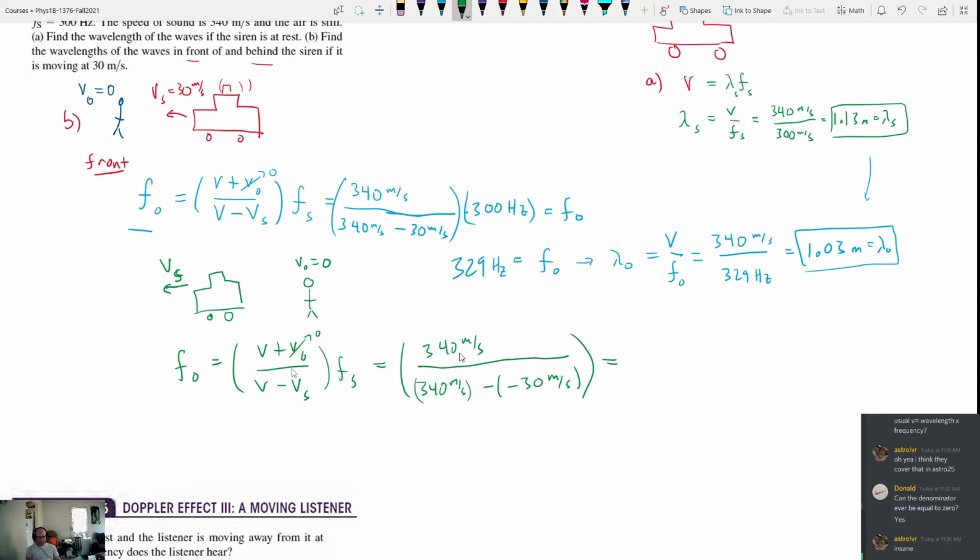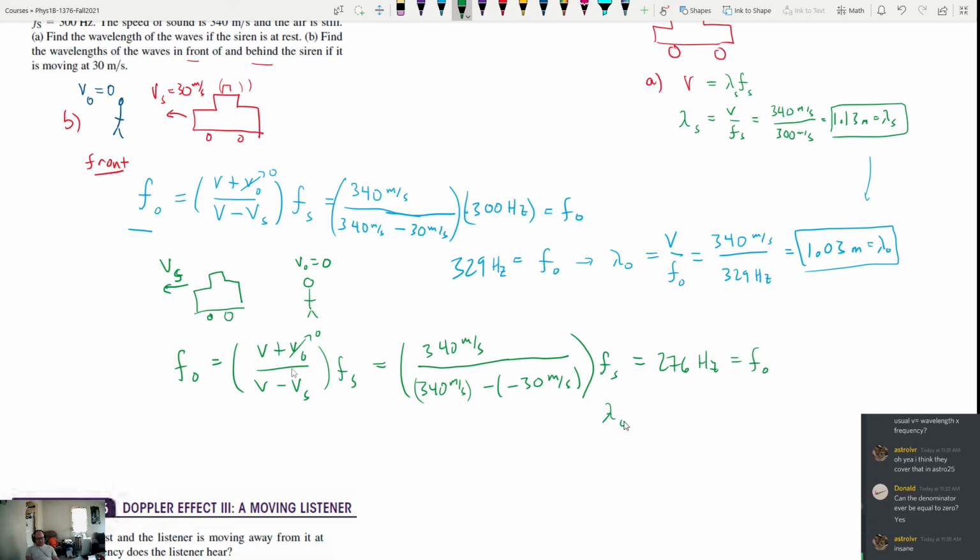Anyway, so we have 340 over this. Oh, whoops, multiplied by the frequency of the source. So this is equal to 340 divided by 370 times FS, which was 300. I get 276 hertz, which is the observed frequency.